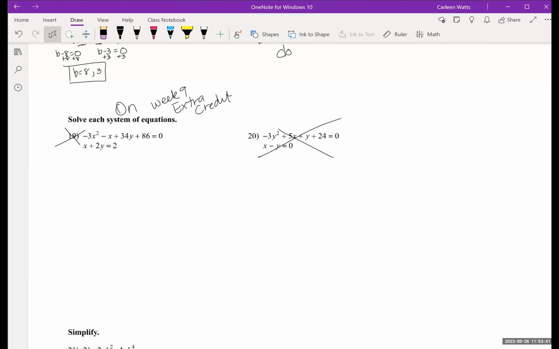I'll just tell you, solve for y, plug it in, and then you're going to have to factor. It involves substitution, and then it's also going to involve factoring. It's just kind of a lot of steps.